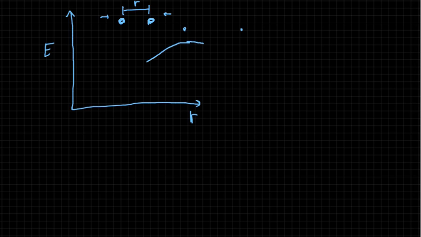Let's say this is a covalent bond. But at some point they're going to get too close, and the nuclei are going to start repelling because they're positive, and we're going to get it going all the way up very, very fast. And this here is what is called our bond length.